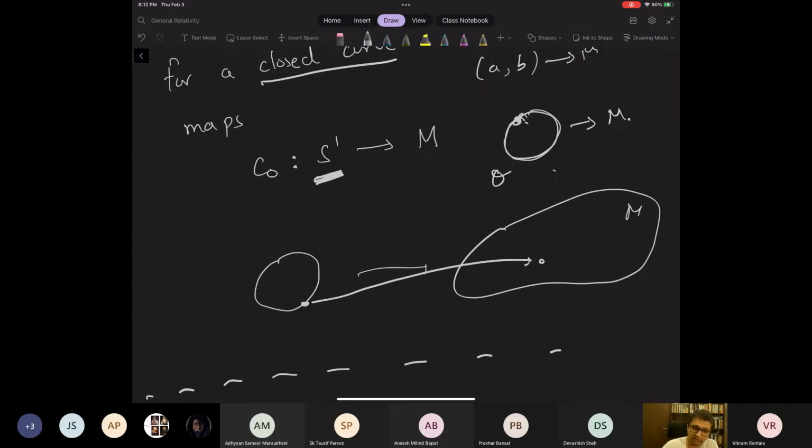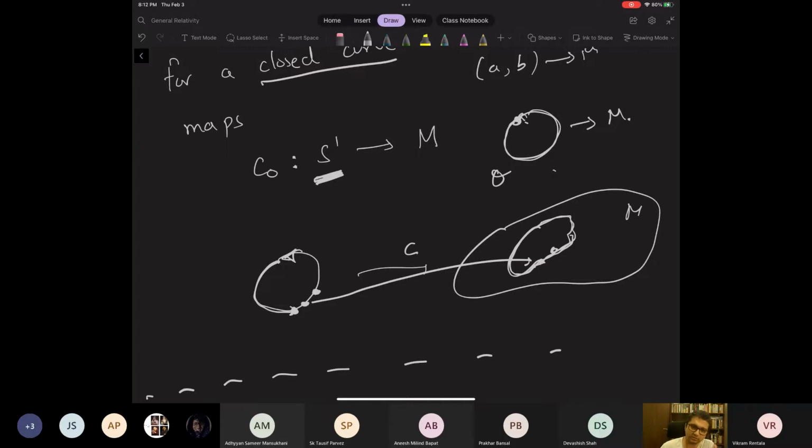It also has this additional criterion of differentiability, but let's just look at continuity for now. You'll trace out something, and then when I come back, because topologically this is a circle, these points are in the neighborhood of the point that I started with. So eventually I have to come back to the point that I started with. If this is a continuous and differentiable map C, this will give me a closed curve on the manifold.